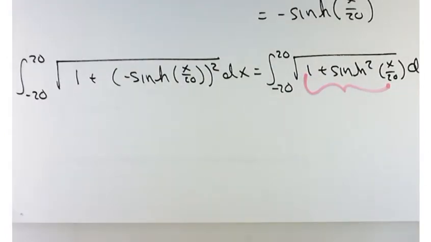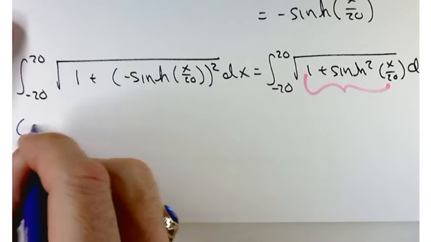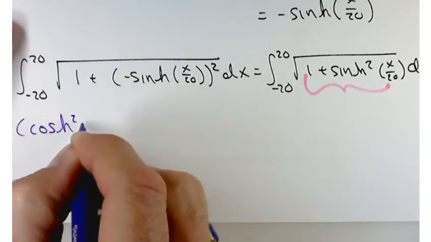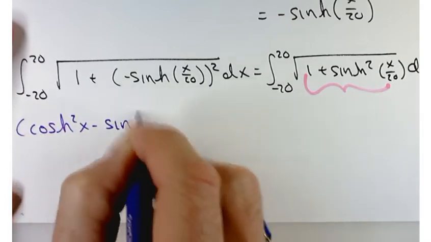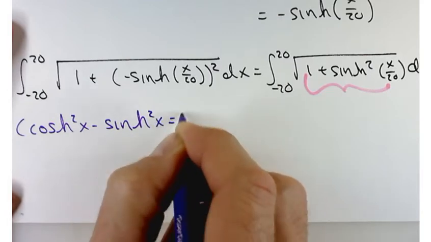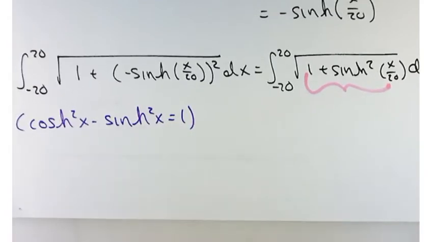So this is a flashback here. I'll write it over here. Cosh squared of x minus sinh squared of x equals 1. That is the one and only identity I asked you to remember from section 5.8 or 9, whichever one it was.